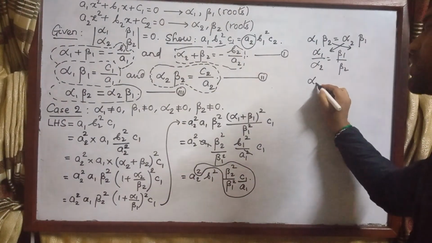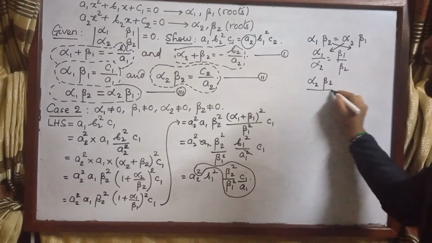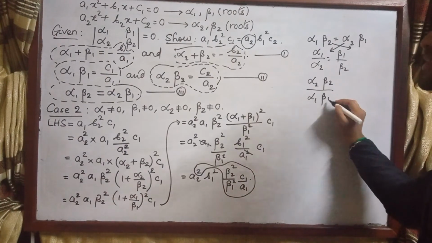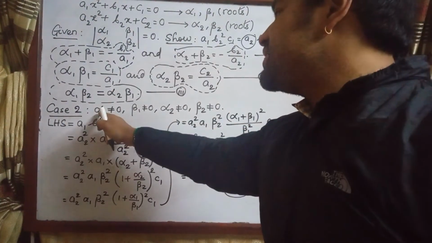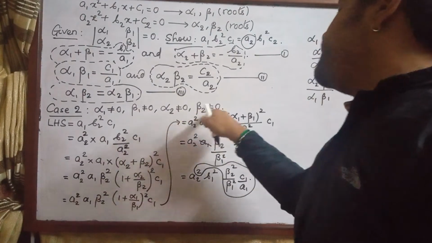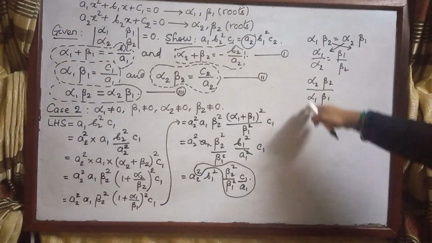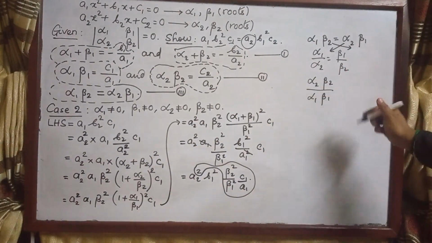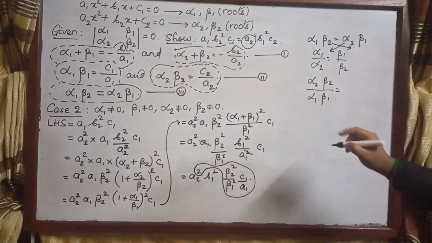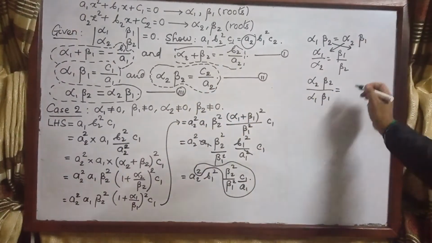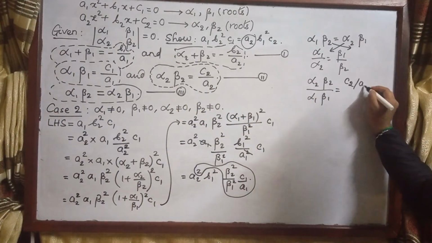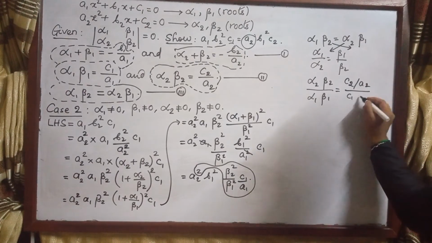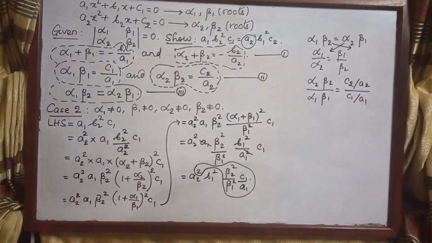So alpha 2 by beta 2 over alpha 1 by beta 1. The division is allowed because in this case we're considering alpha 1, beta 1, alpha 2, beta 2, none of them to be 0. So this division is allowed, is equal to c2 over a2 times c1 over a1.